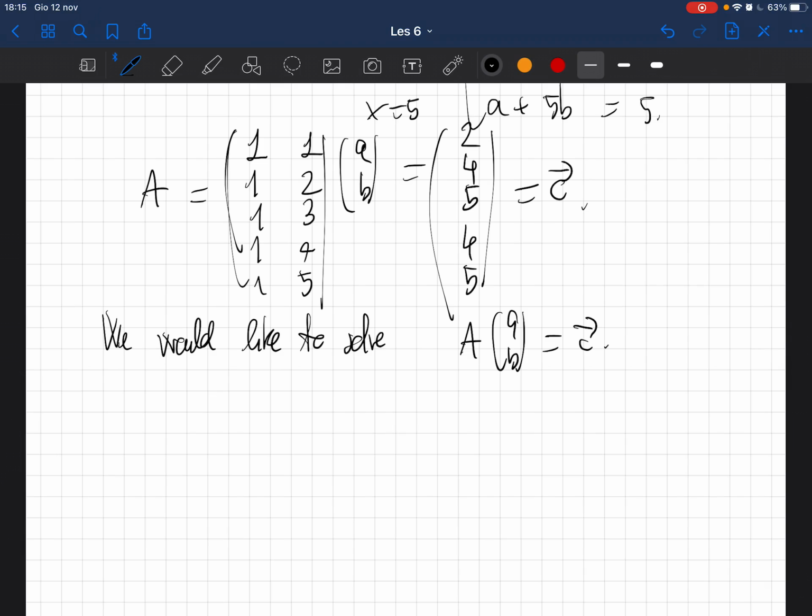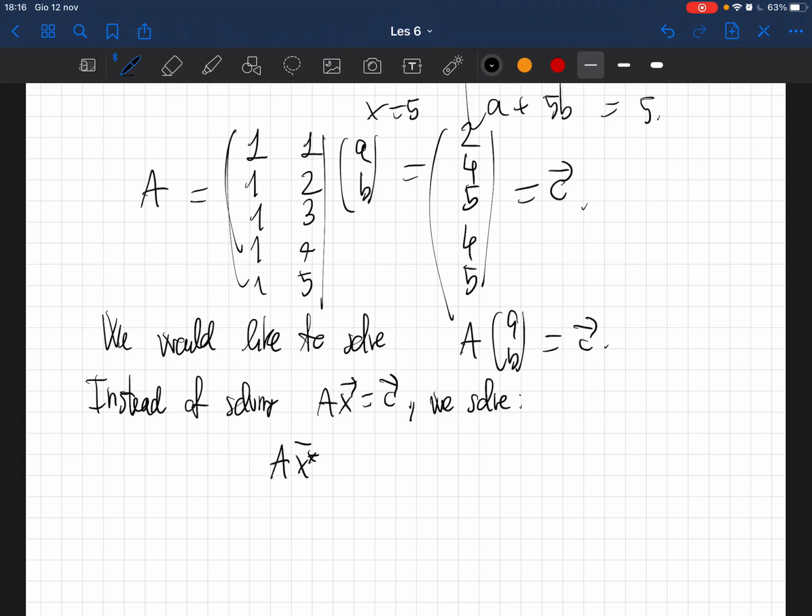Instead of solving Ax equal to C, we solve something different, namely Ax star equal to the orthogonal projection of C on the image of A.